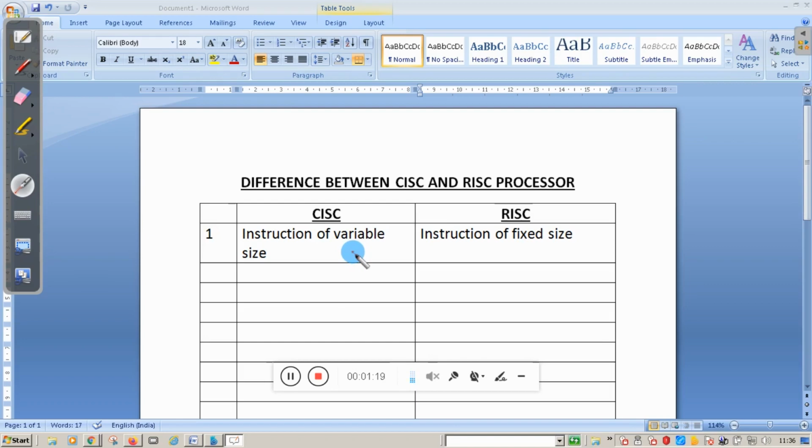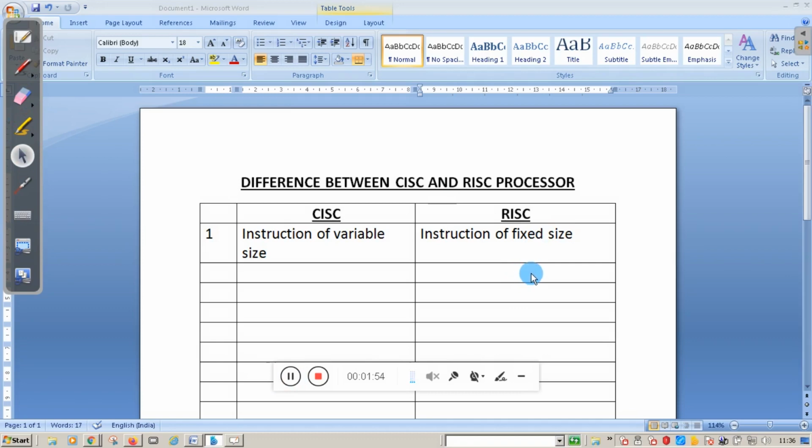But ARM7 is a RISC processor, and students please note, all the instructions here are 32-bit in size. 95% of the instructions in ARM are 32-bit in size, and the data bus of ARM7 is also 32-bit.